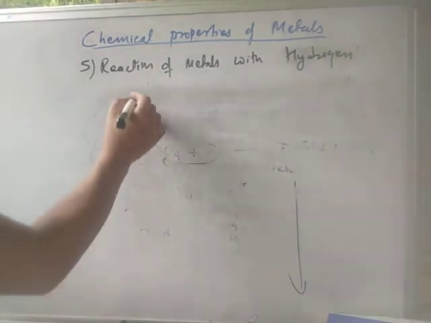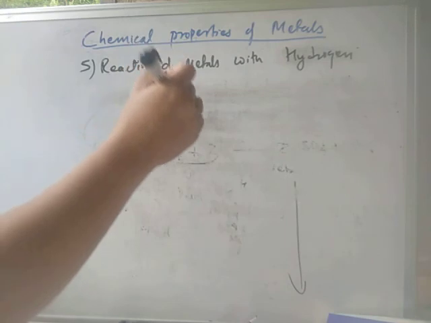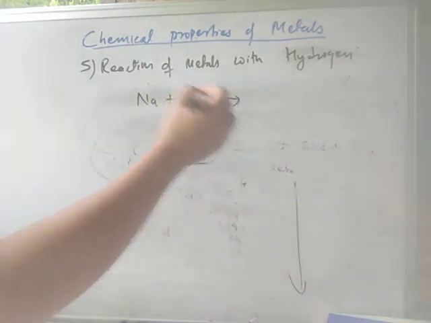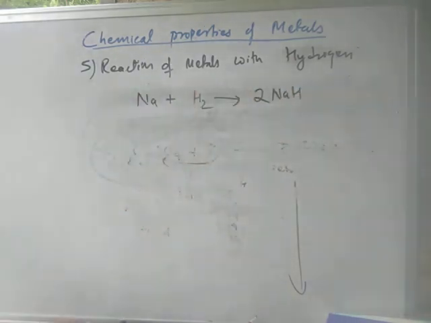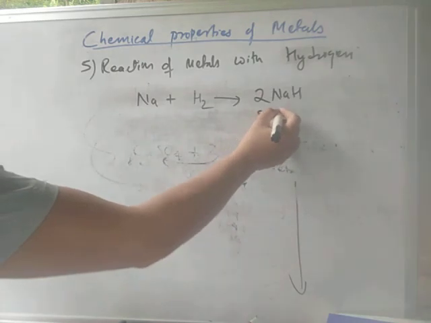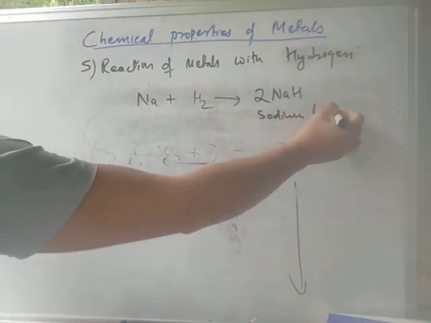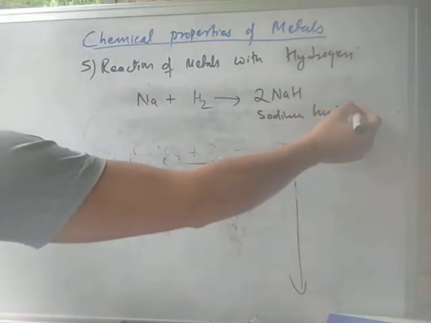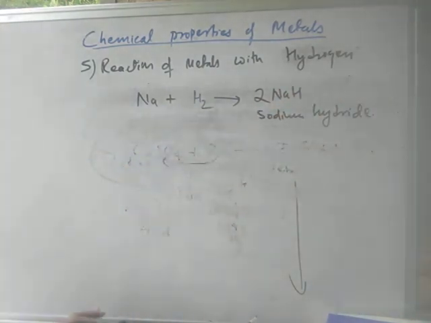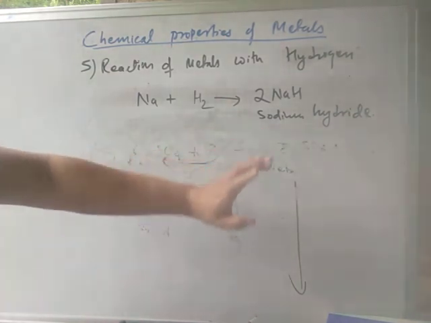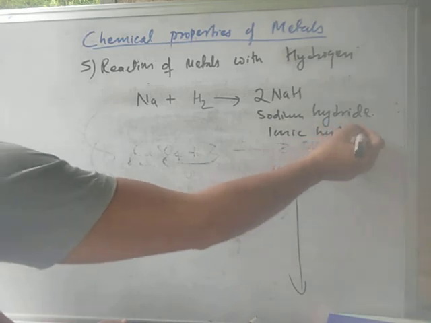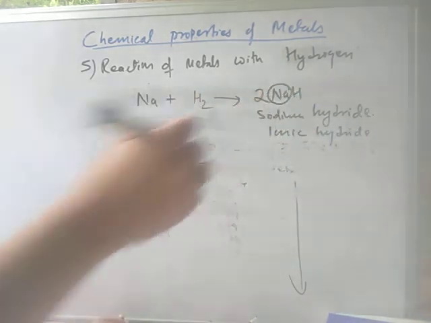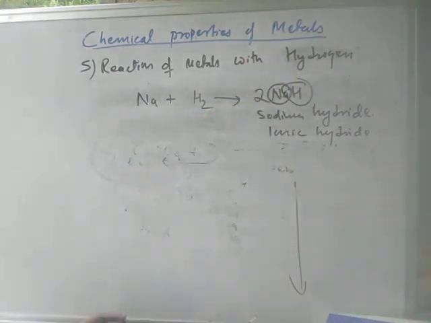Sodium plus hydrogen gas gives metal hydride, sodium hydride. This is also called ionic hydride, because sodium and hydrogen form ions.